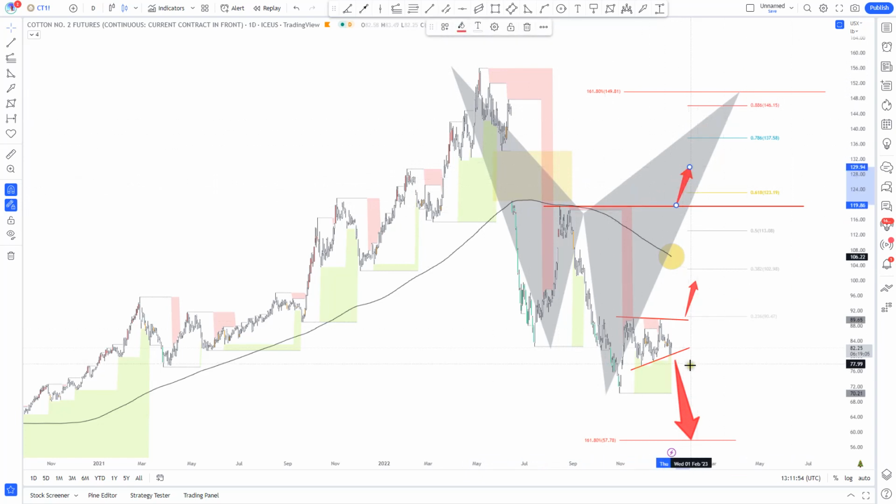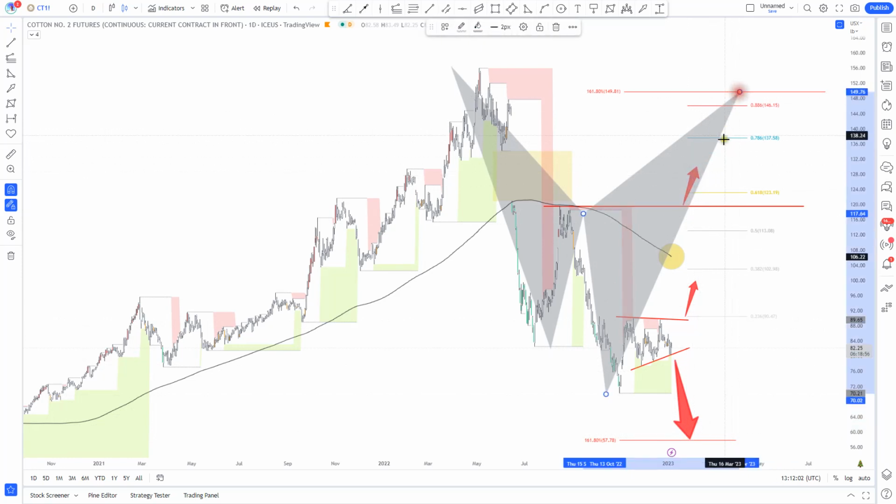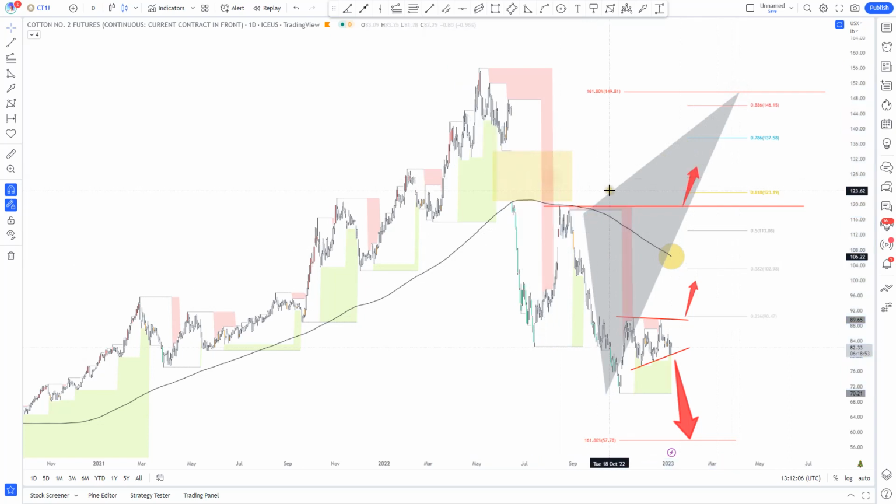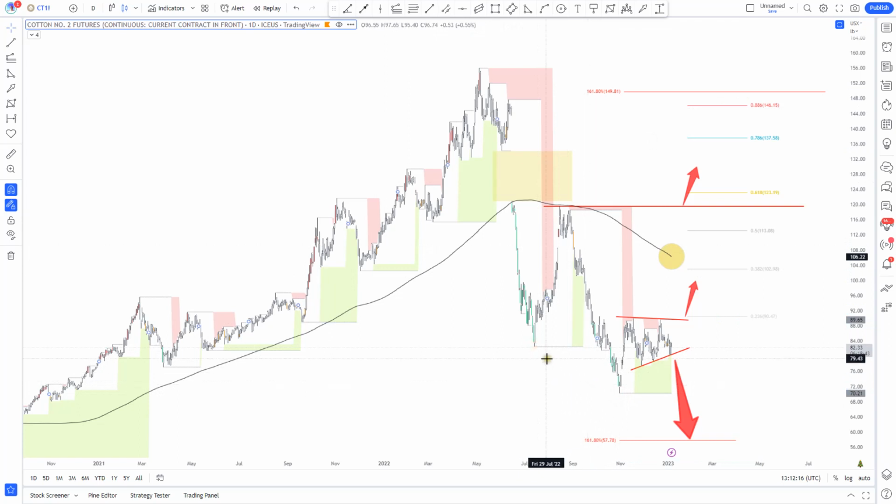But of course, if you are far away from the completion of this bullish crab pattern projected at the bottom, we are very far away, even far from the completion of this pattern. It's important to take this into consideration because this bearish shark pattern that I projected now depends on the false breakout of this low, a false breakout of this support.